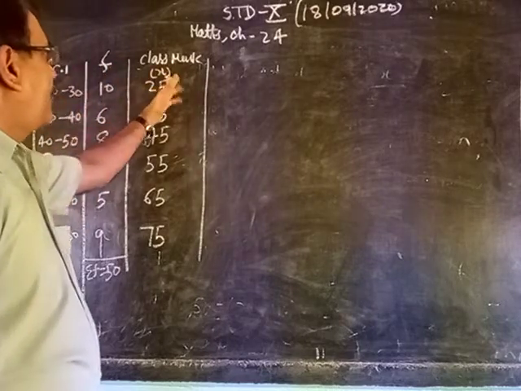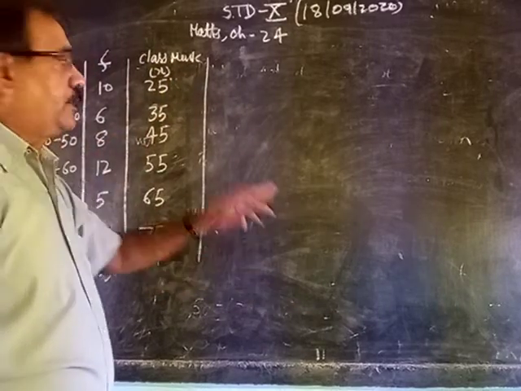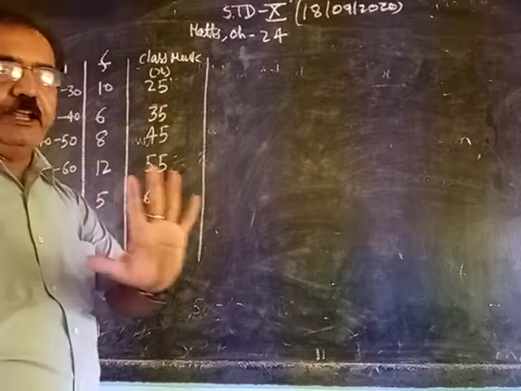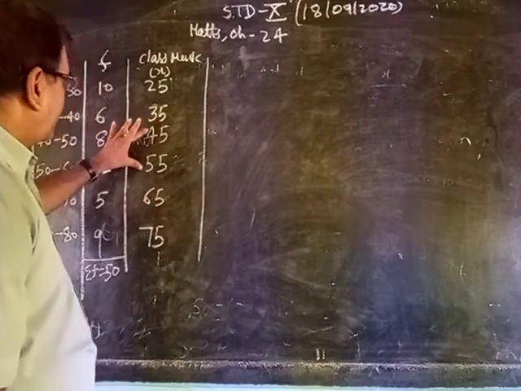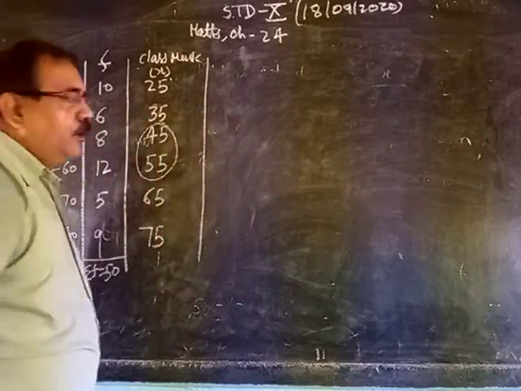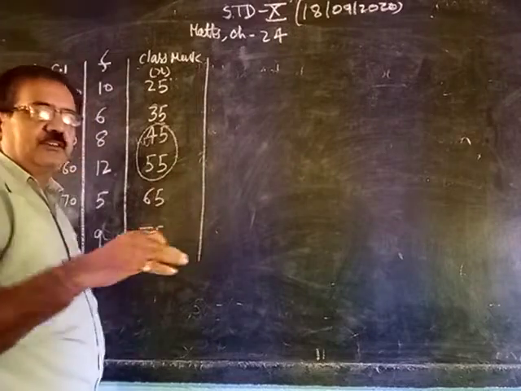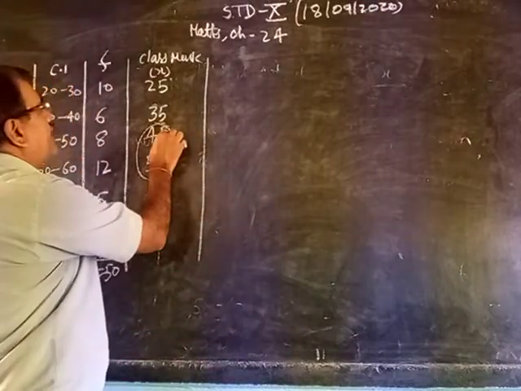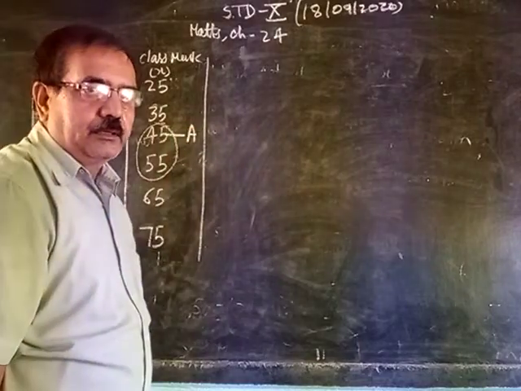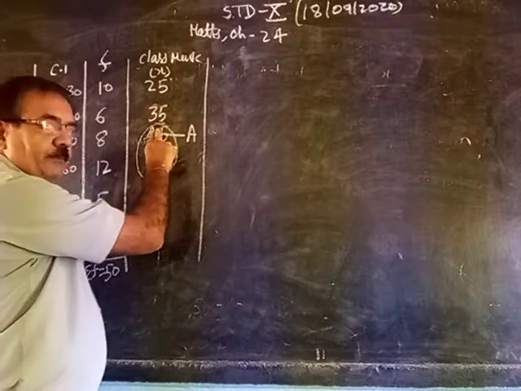After finding the class mark, we see whether it is an even number of terms or an odd number of terms. 1, 2, 3, 4, 5, 6: even number of terms, so two terms in the middle. You can take the first one, or the second also, but don't get confused.